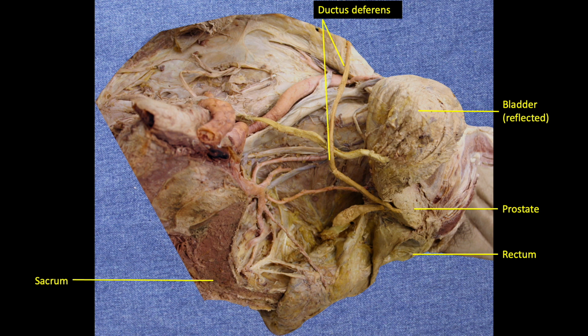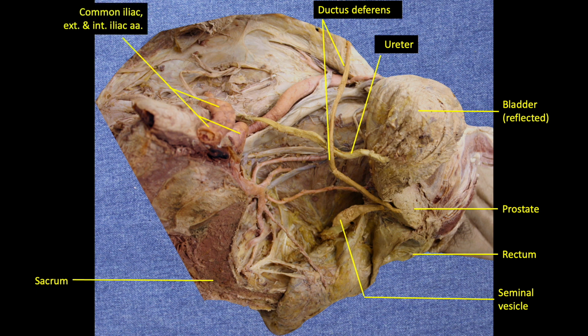The path of the ductus deferens and its relationship to the ureter are again demonstrated. The seminal vesicle has now been cleaned of peritoneum and can be observed. Finally, the common iliac, becoming the external and internal iliac arteries, are all labeled. There are numerous other arteries in the field as well. We will address these shortly from a different angle.